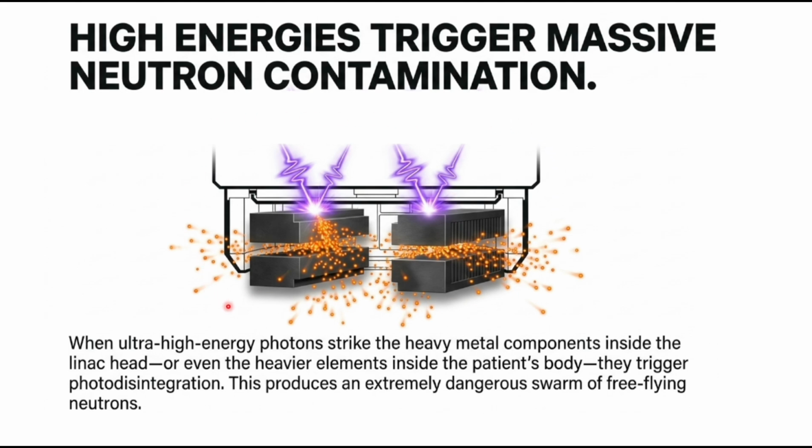Inside that gantry head, we have very heavy metal components like the target and the collimating jaws. Please remember, these components are made up of heavy elements with a very high atomic number. So, what happens when a powerful 15 megavolt photon crashes into these heavy metals? It triggers photodisintegration.